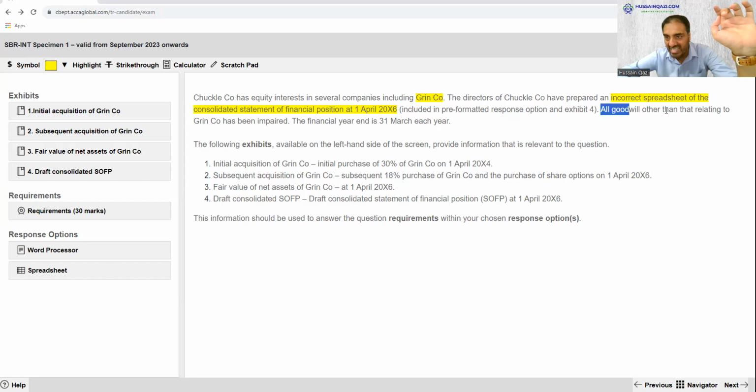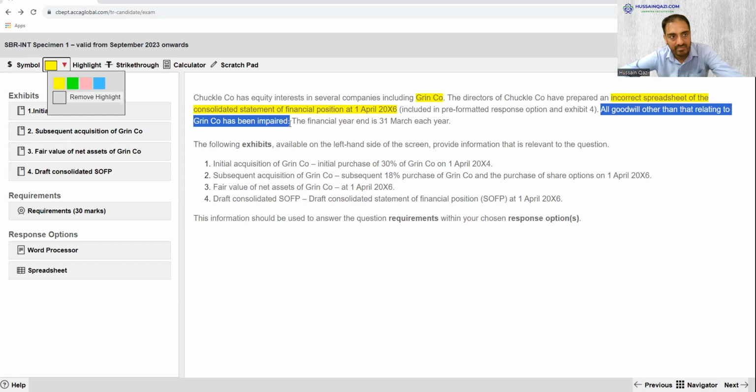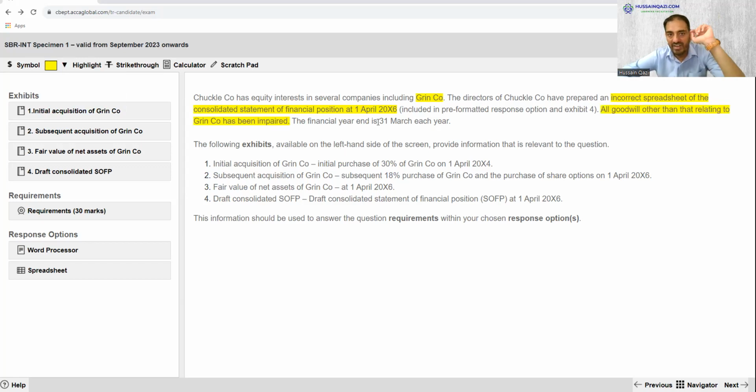All goodwill other than that relating to GRIN has been impaired. Financial year end 31st March. The following exhibits are available on the left hand side with the details. Number 1, initial acquisition of GRIN, initial purchase 30%, 1st April X4.